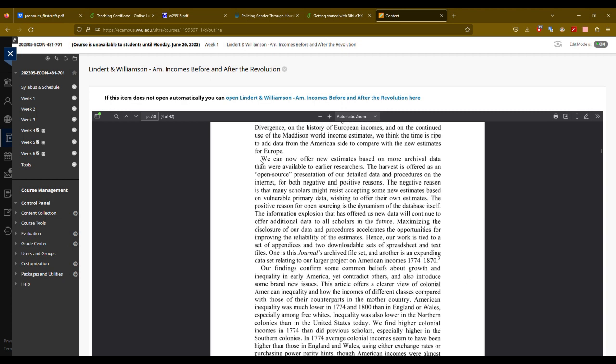Here, it starts right here. We can now offer new estimates based on more archival data than were available to earlier researchers. So here, in the contributions paragraph, the authors are going to tell us, why is our work important? Why do we need to improve on the papers that we were just talking about?